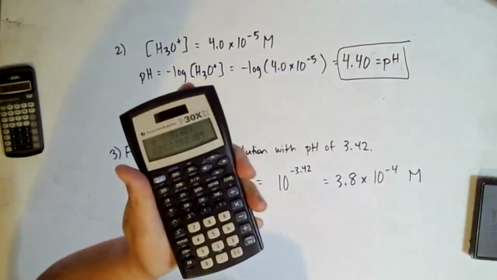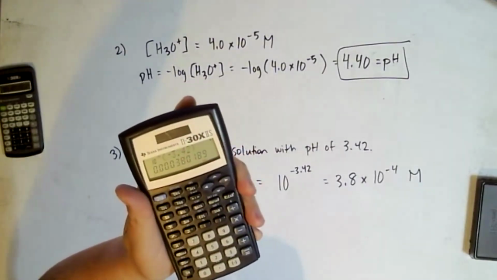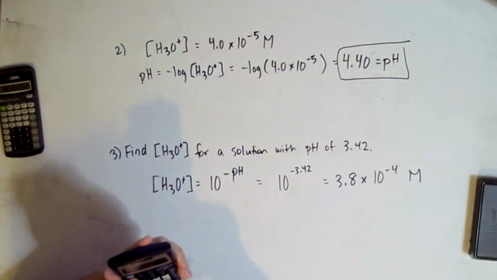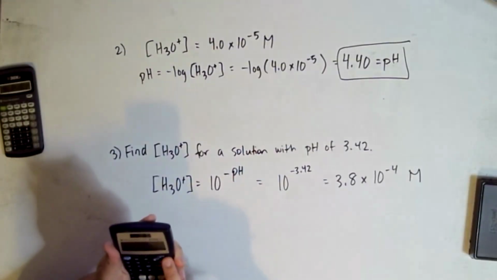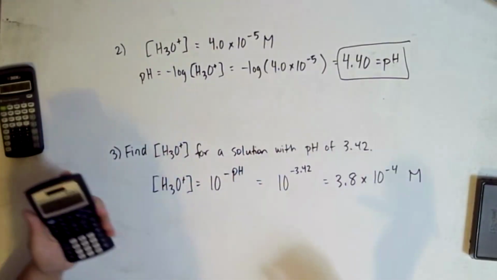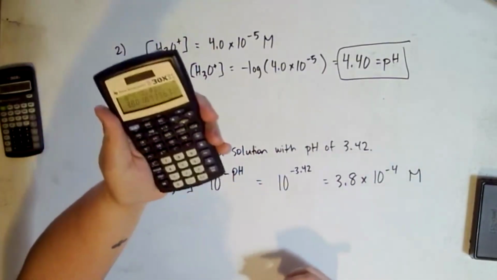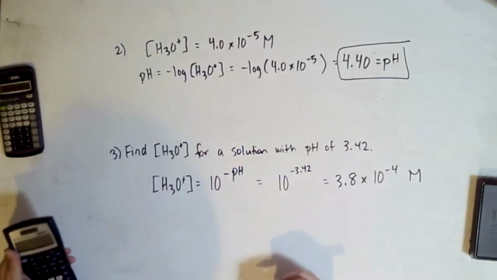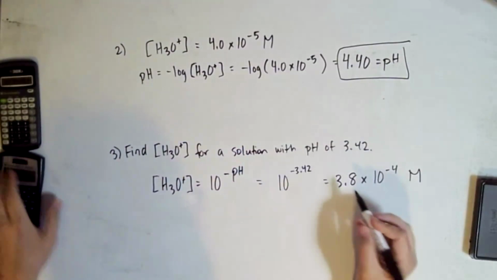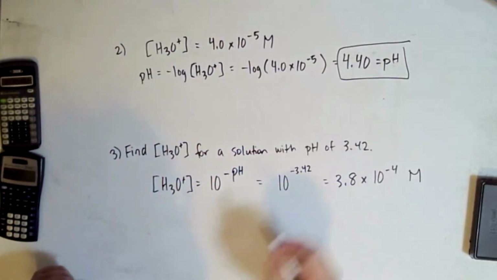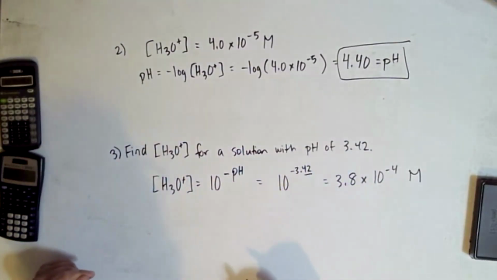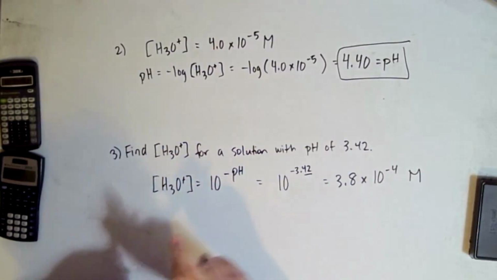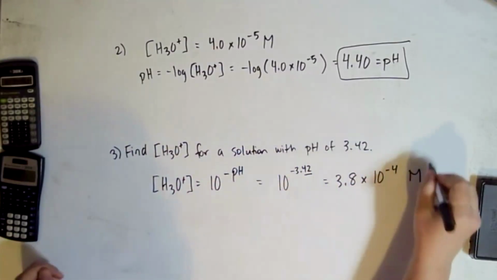And again, you're going to get that same decimal back out. This you can also put into scientific notation key. If you're still not sure how to do that, you can come up and ask me, but you're still going to get the same 3.80 times 10 to the negative 4 as your answer. We're only going to keep 2 significant figures though, because we only have 2 decimal places here in the pH. That's why we're only keeping 2 significant figures here.